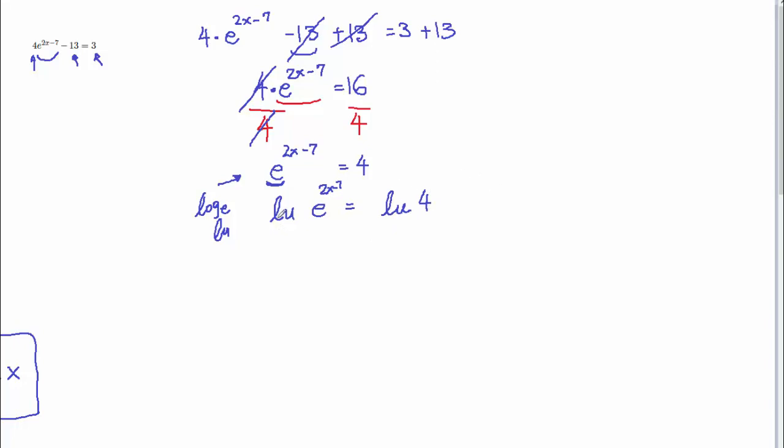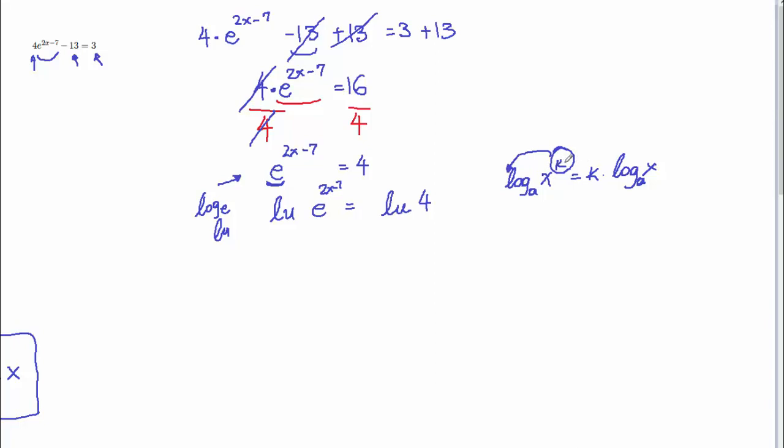At this step, I can use the power rule that tells me that log with base a of x to the k is equal to k times log with base a of x. So I can manage to move the k down next to the log.